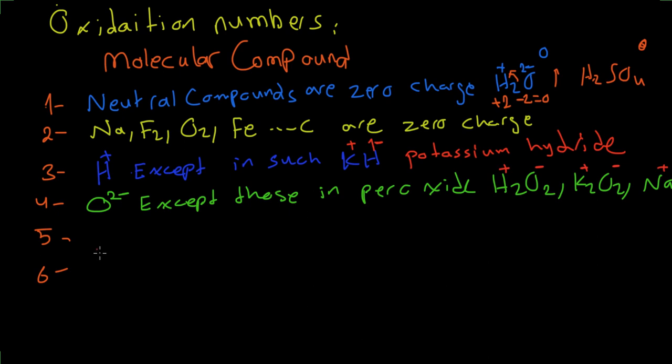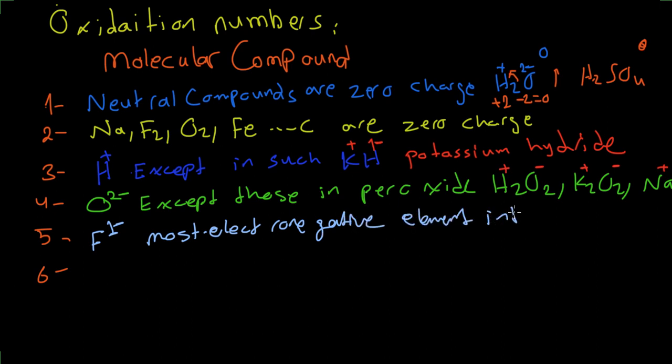Fluorine is always minus 1. Why? Because it is the most electronegative element in the periodic table.